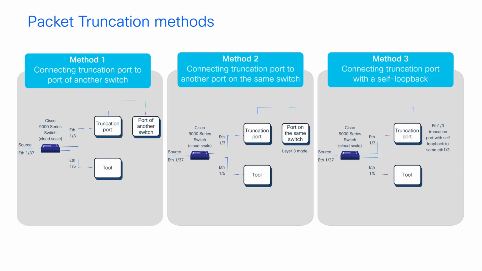And there are some analytical engines which are just interested in the headers of the network packets. And there are a wide variety of reasons why you don't need a whole packet to be sent out to the tools. So given this context, it's very important in the packet brokers to truncate the packets before ingesting them to the tool ports.